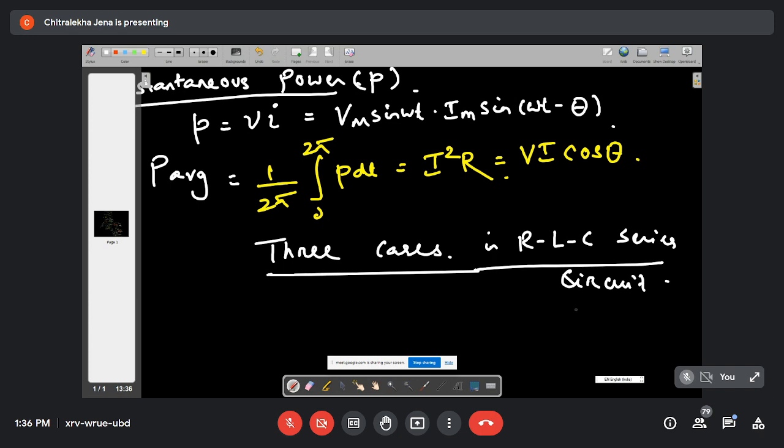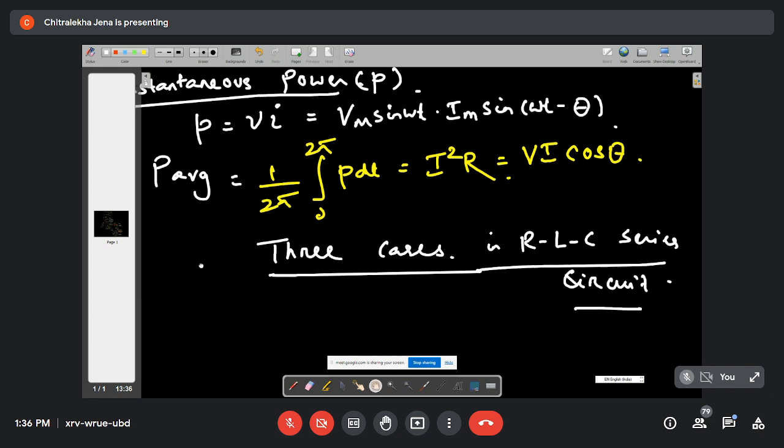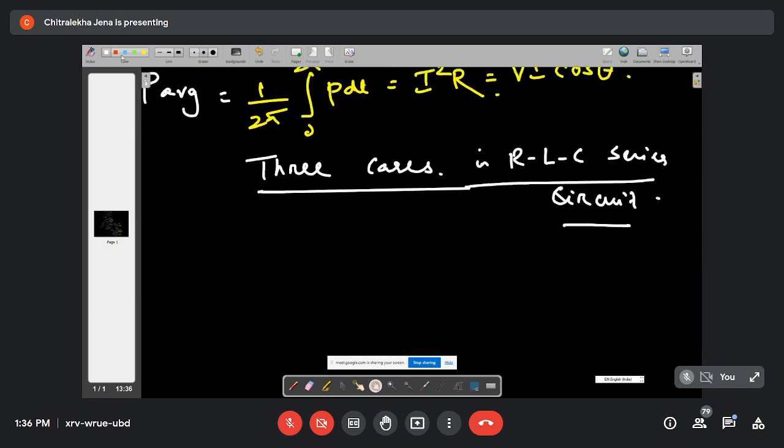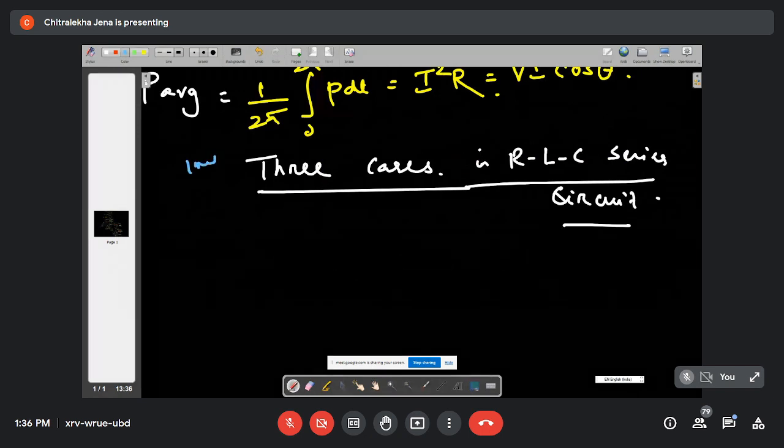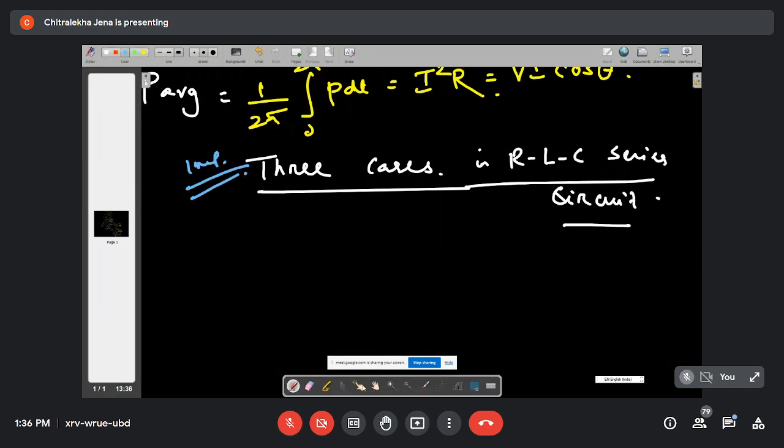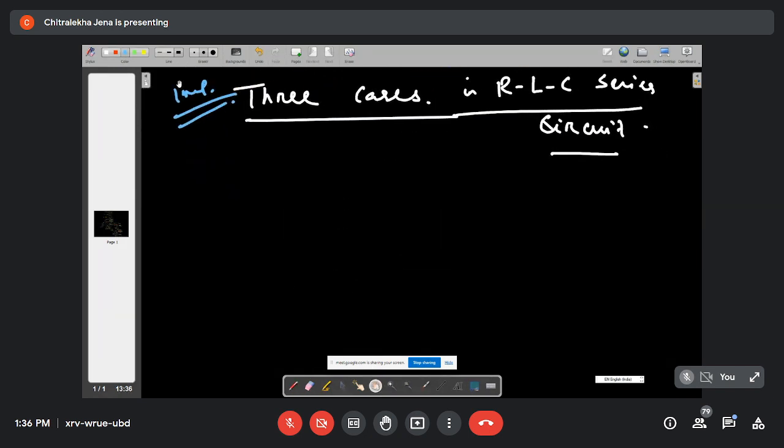So what is your first case? This whole AC circuit is very important. What is your impedance first? Write out. Z is equal to square root of R square plus (XL minus XC) whole square.